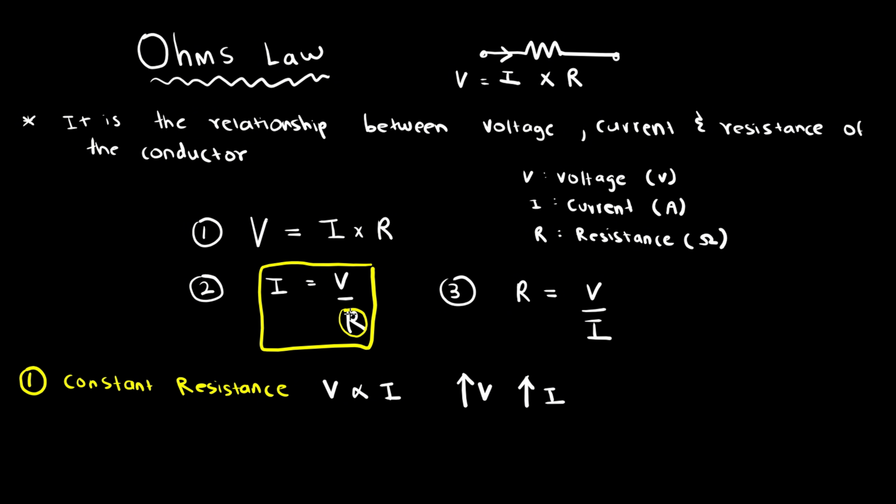Now let's move on. Now let's make V constant. If V is made constant, let's see how this affects the relationship between current and resistance.